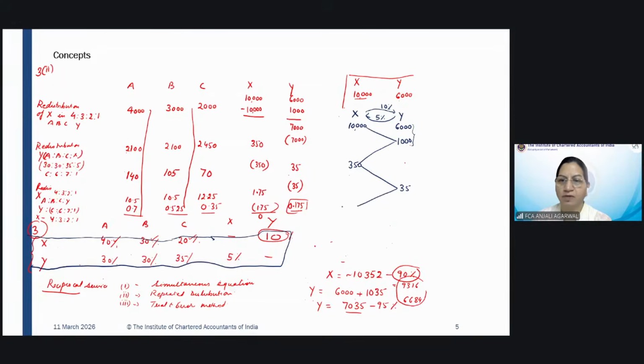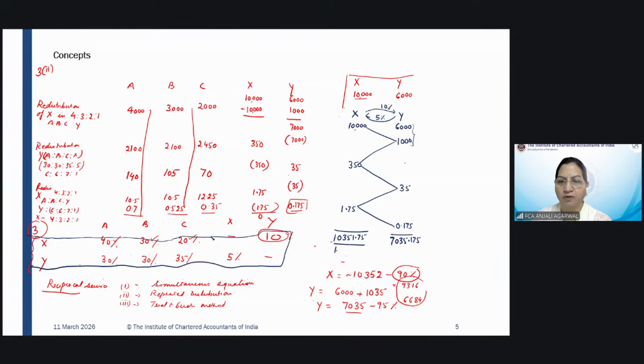Distribute 5% of 35 to X. 5% of 35 would be 1.75. And maybe distribute 10% of this to Y, 0.175. Now you take the total of this. This is 10,351.75 and this is 7,035.175.